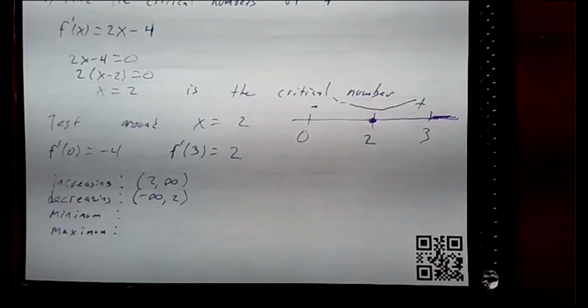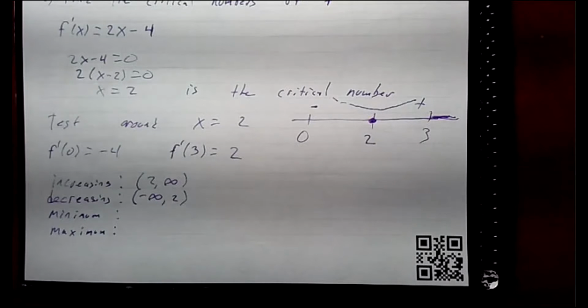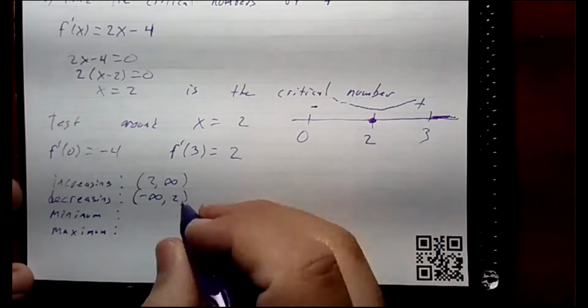True. So it is a parabola, right? Is it opening up or down? Up. So it should have a global minimum.